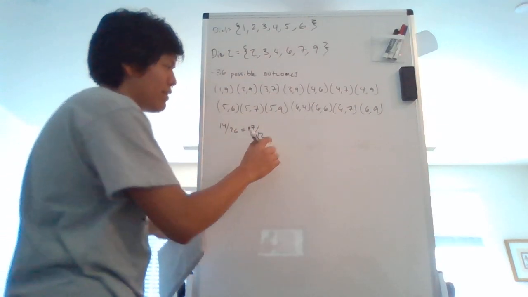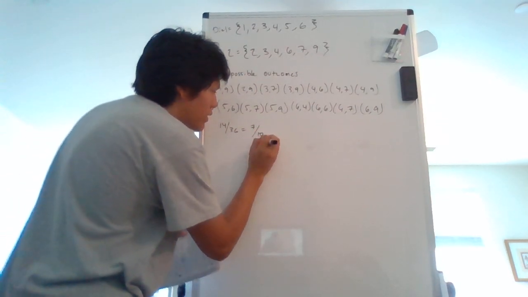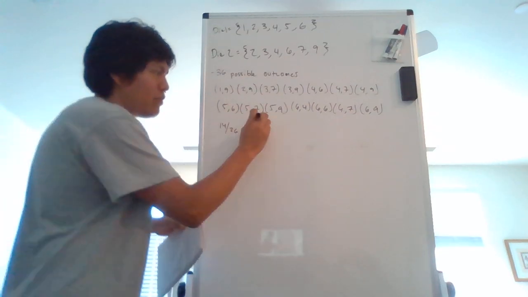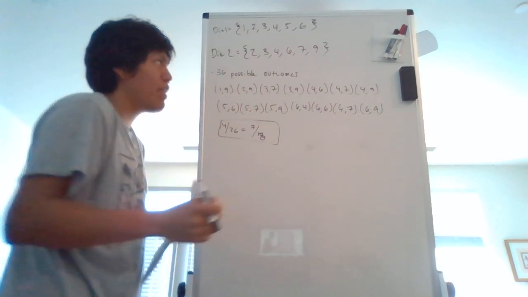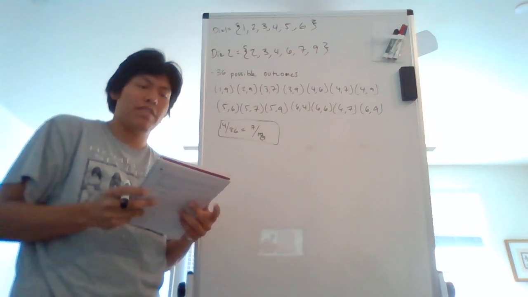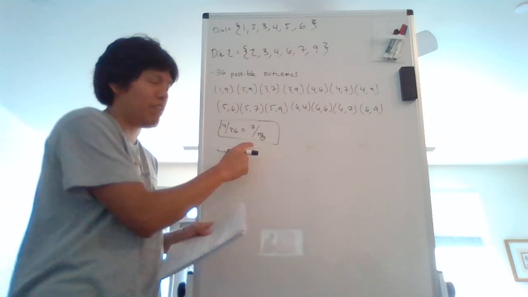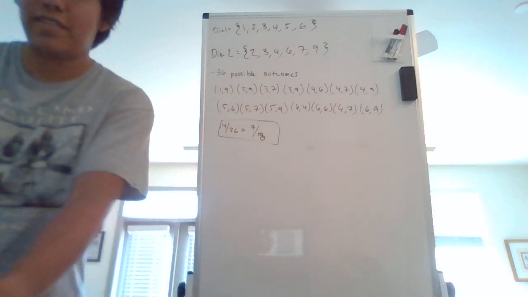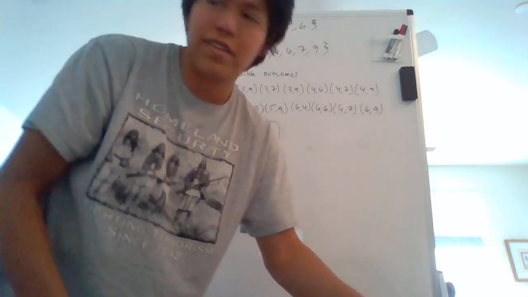Nope, that's wrong, 18, sorry. 7 over 18. So that is the probability that the number of dots from both dice is greater than or equal to 10. It's 7 over 18. Perfect. All right, we'll go on to the next question.